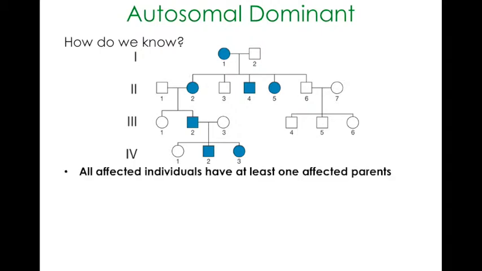For dominant traits, all affected individuals have to have at least one affected parent. If they do not have affected parents, like for example this particular branch over here, what that means is that because it is a dominant trait, unaffected parents must be homozygous recessive.